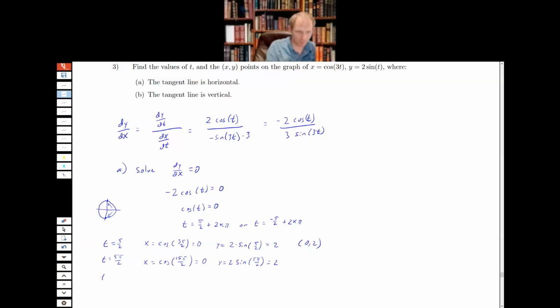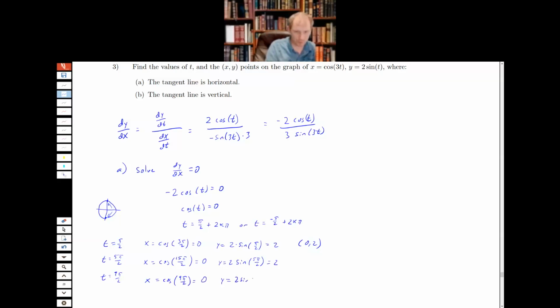We'll try one more just to be careful. So I'll add another pi over 2 to this. Okay, so another 2 pi to this. So another 4 pi over 2 added to 5 pi over 2 will give me 9 pi over 2. So x is cosine of 9 pi over 2, which gives me 0.